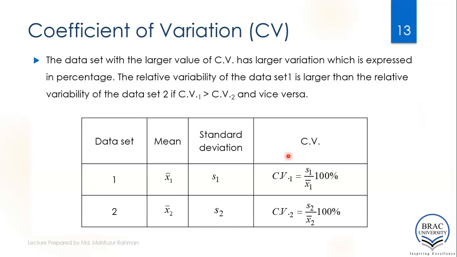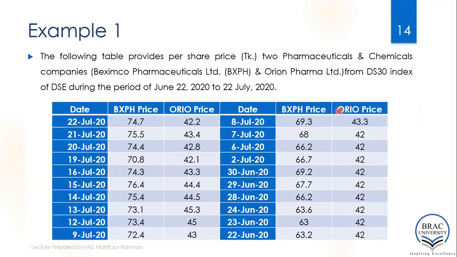The data set with the larger coefficient of variation has more relative variation compared to the other. So if the relative variability of data set 1 is larger than that of data set 2, that means CV1 is greater than CV2. Then we can say that this data set has larger variation, and vice versa.